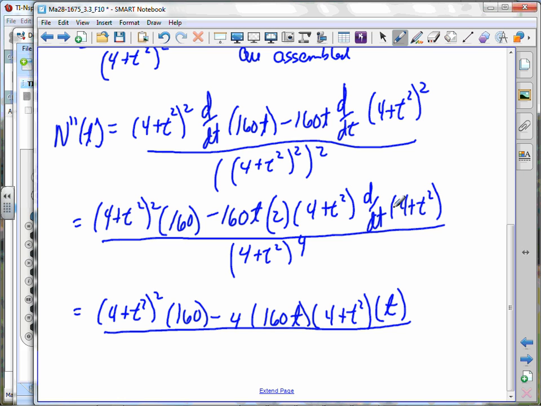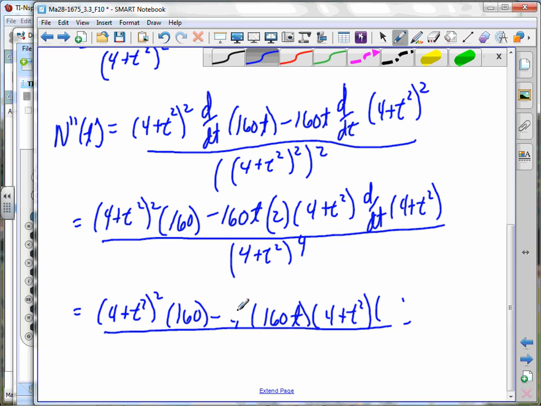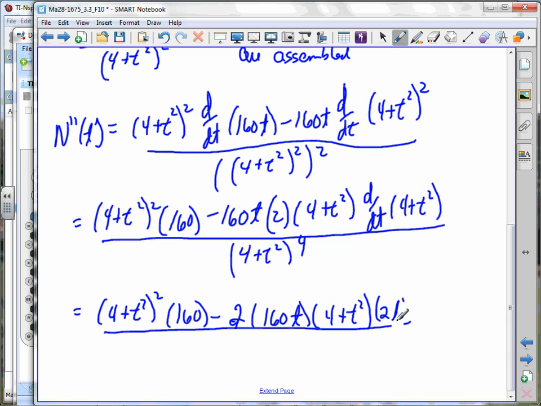For those of you who might go back and look at this, I took the derivative of this as 2 times t, and I took the 2 times 2 and made it 4. That may be too confusing. Let me not be so anxious here. Put the 2 there and the 2t here.